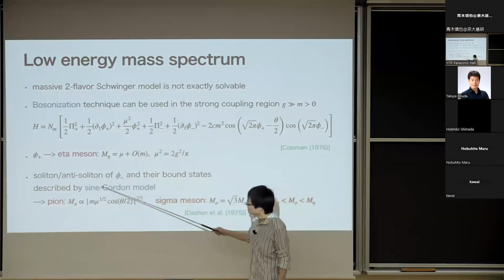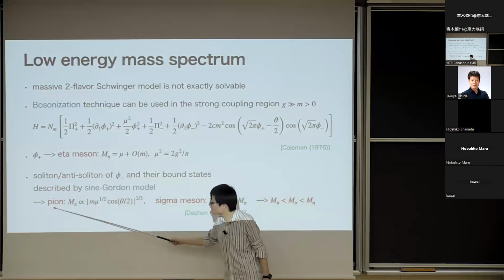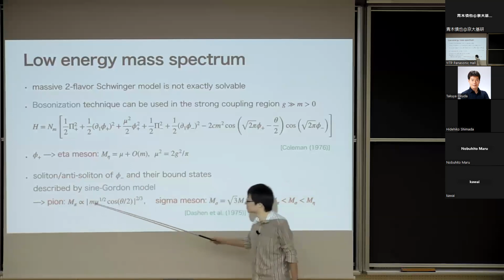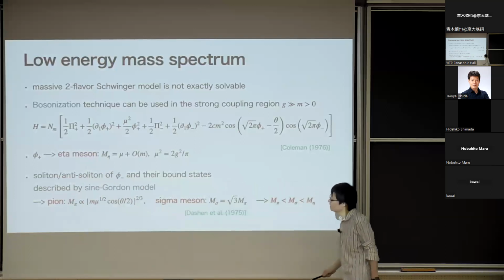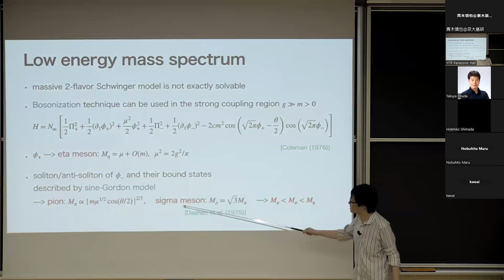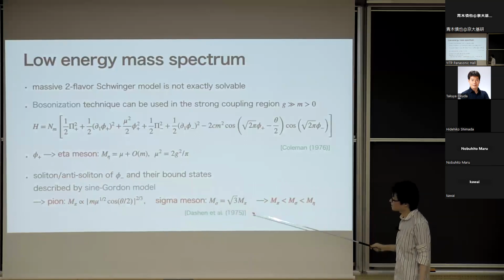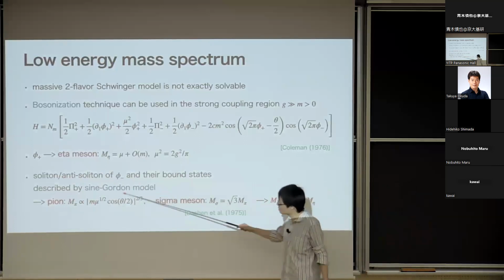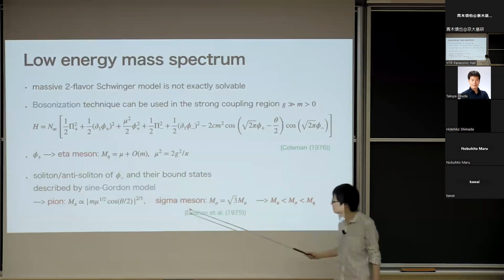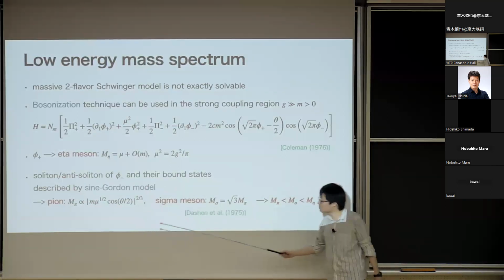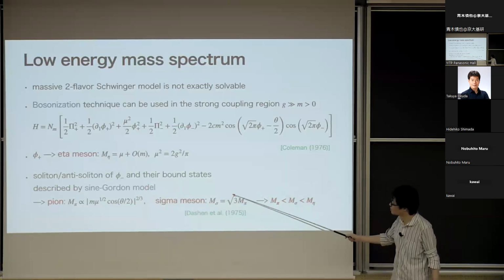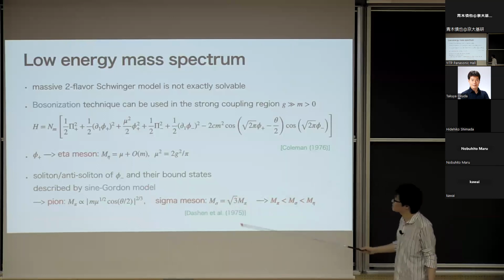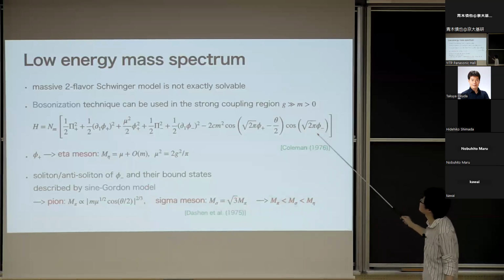The soliton and anti-soliton describe the pion, and the mass is roughly given by this. The bound state gives the sigma meson. Interestingly, because of the property of the Sine-Gordon model, the masses of the pion and the sigma meson are related by this formula, with a square root of 3. This number comes from the specific interaction, which comes from this coefficient, square root of 2 pi.